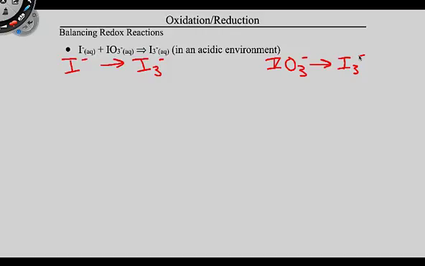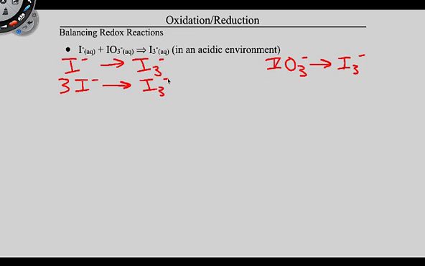Okay. So guys, once you have this busted into half reactions, it's time to start going through the steps. So what do we do first? Well, we balance all of the elements that are not hydrogen and oxygen. So for example, here we have 1 iodide, and here we have 3 iodides. So balancing that would be 3I minus yields I3 minus.